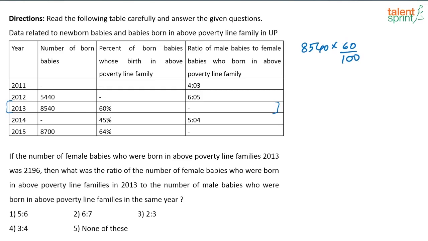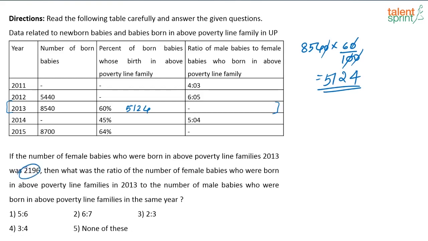Now again, what is 60%? Instead of doing it directly, you can cut these zeros, right? 854 into 6. What is that? 854 into 6 is 5124, right? So I have totally 5124 newborns who are above the poverty line. Out of this 5124 newborns, I know 2196 are female.